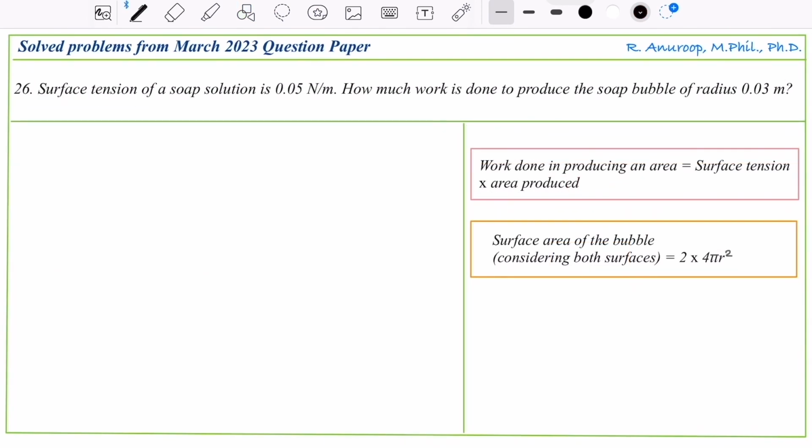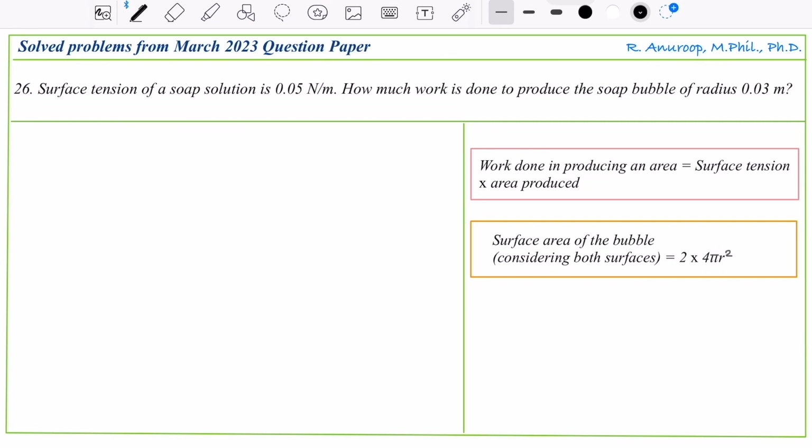The next question is, surface tension of a soap solution is 0.05 Newton per meter. How much work is done to produce the soap bubble of radius 0.03 meter?